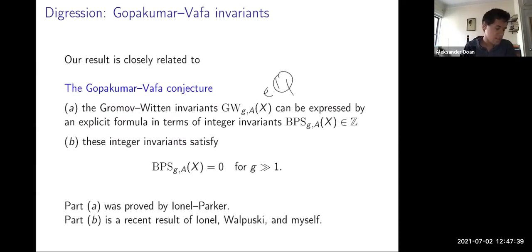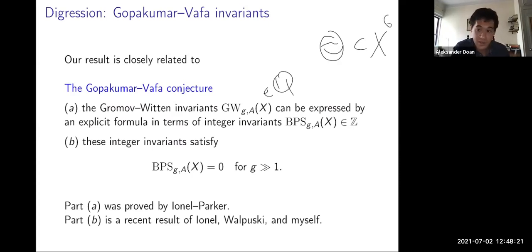And moreover, the second part of the conjecture says that if you fix a homology class, only finitely many of these invariants are non-zero. Like Gromov-Witten invariants, these BPS invariants are parameterized by a homology class and a genus. And the second part of the conjecture says that for large genus, they vanish. This is interesting if you remember what I said at the beginning of the talk, that you could start with, let's say, that our X has a single embedded J-holomorphic sphere and no other J-holomorphic curves.